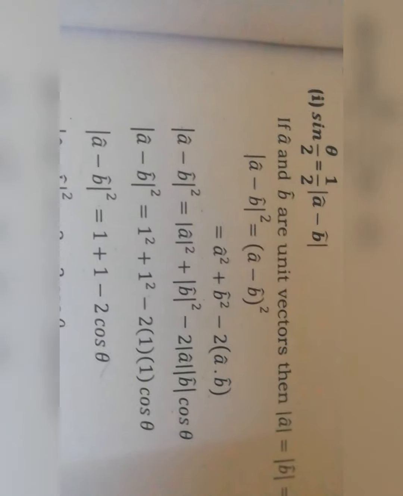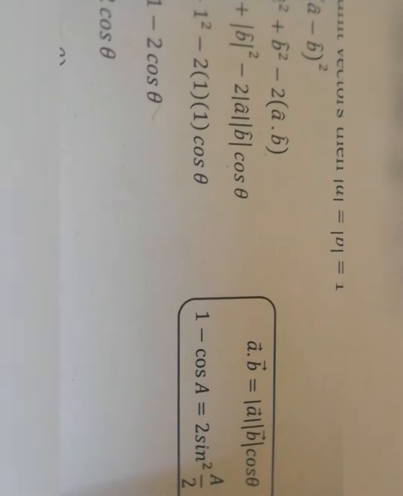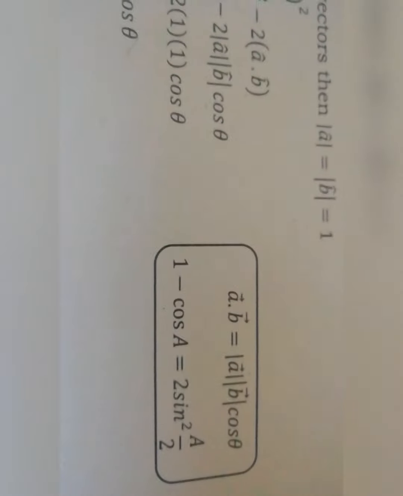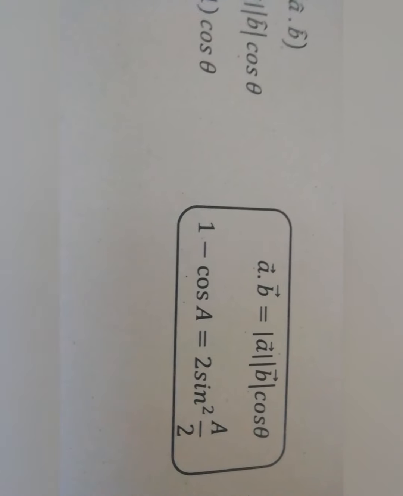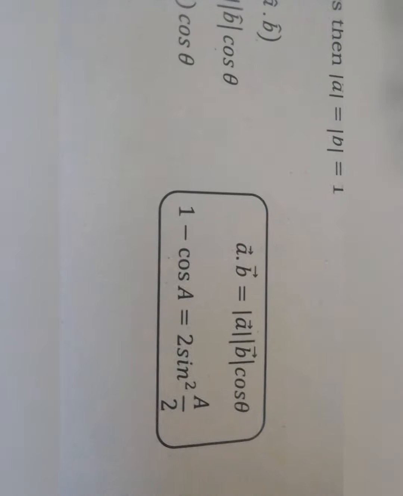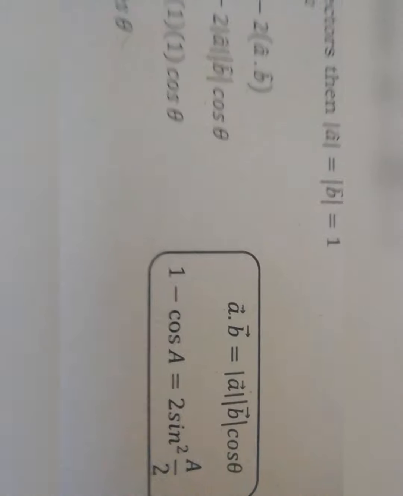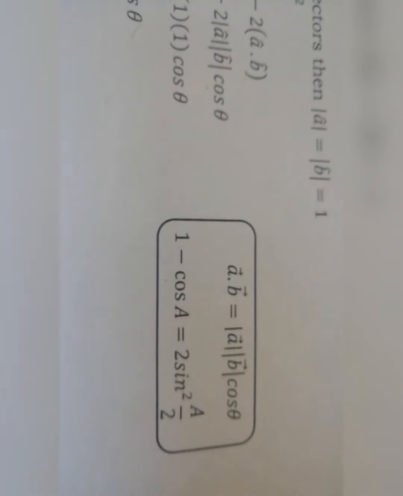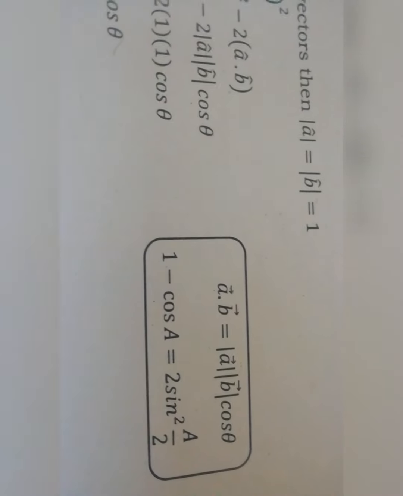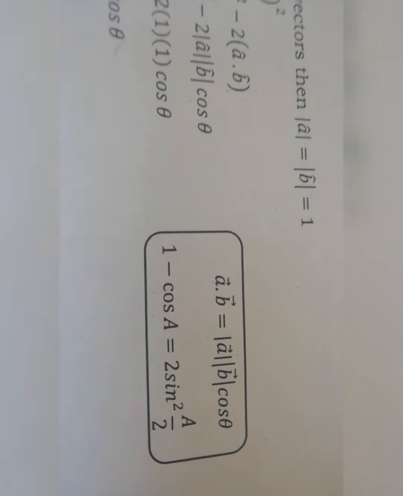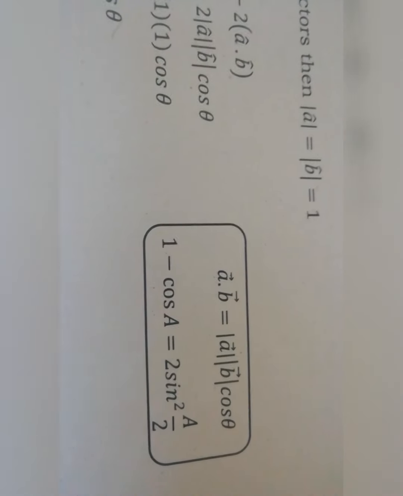Suppose there is 1 minus cos A. 1 minus cos A means 2 sin square A by 2. What's the formula? 1 minus cos A equals 2 sin square A by 2. Suppose they give 1 plus cos A: 1 plus cos A equals 2 cos square A by 2.